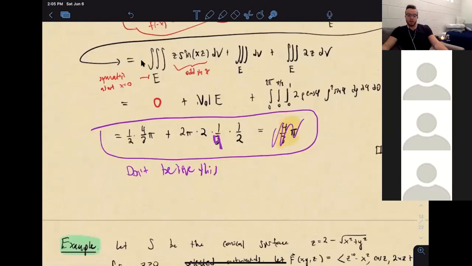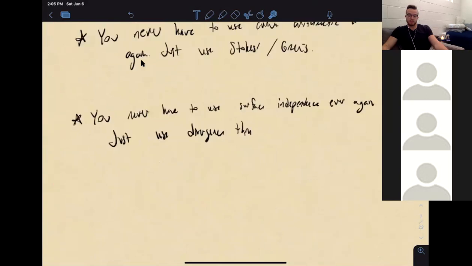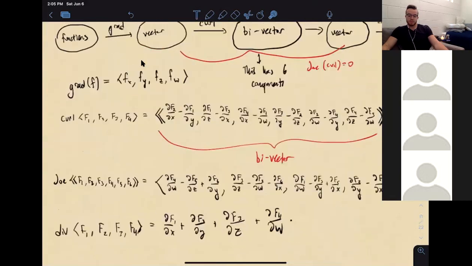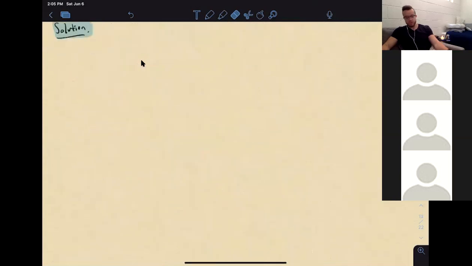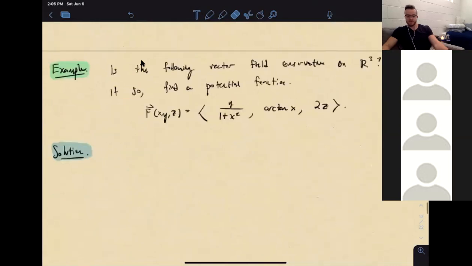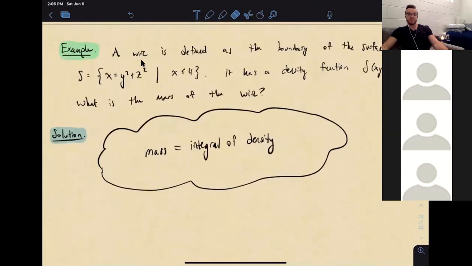Or if we were doing our 4-dimensional calculus, and I cared about the mass of some three-dimensional hypersurface in 4 dimensions, I could do a three-dimensional hypersurface integral of the density function. So in any number of dimensions, very generally, the takeaway is that mass is the integral of density.